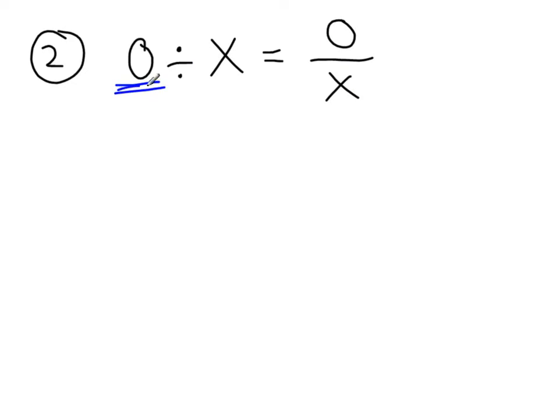Now let's try another one. Let's say we have 0 divided by anything. So we have 0 divided by anything. What I'm asking you to find, based off of our definition, is, because this is our starting value, 0, what, I don't know, times X will get us 0.